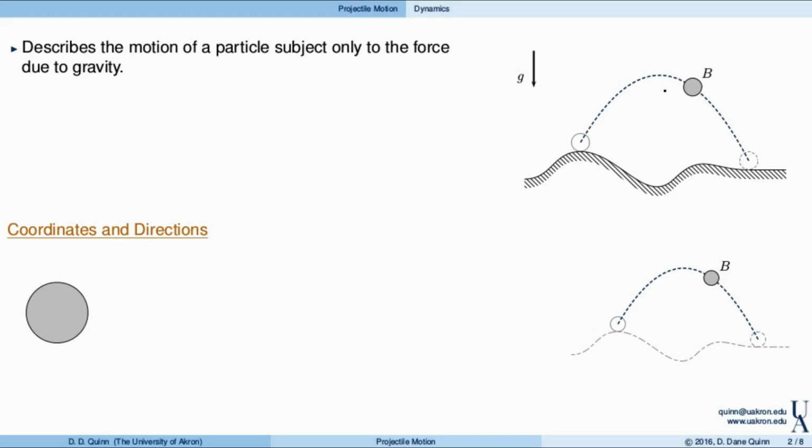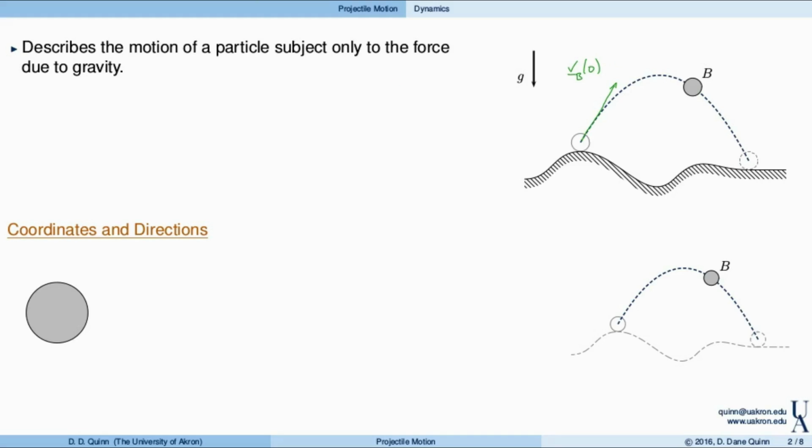So here we have a particle, which we'll label as B, that follows this trajectory given by a dashed line. At the initial time, maybe it's here, and we have an initial velocity, which we'll describe as v of b at time 0.